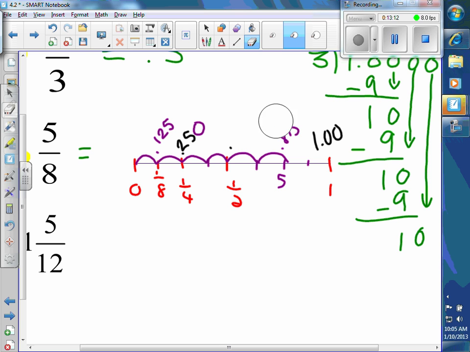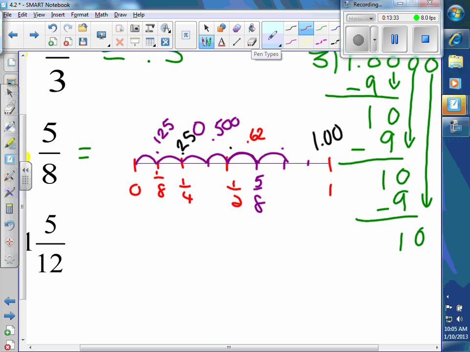I skipped one. Okay, so do what I said, but I didn't add right. So take 500 and add 125, and right here, 5/8, you get 0.625. Does that make sense?